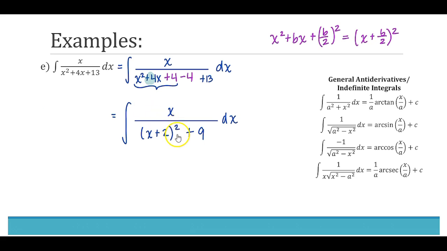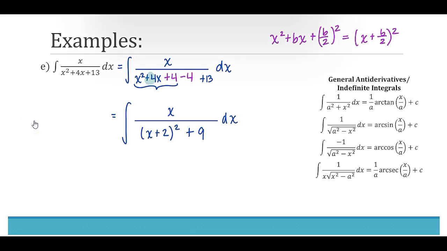So now I'm starting to get something that looks a lot like this denominator here, something squared plus something squared. It's reversed, so the constant a squared would be 3 squared, and it doesn't quite look like a single variable yet, but it will after we do a substitution.